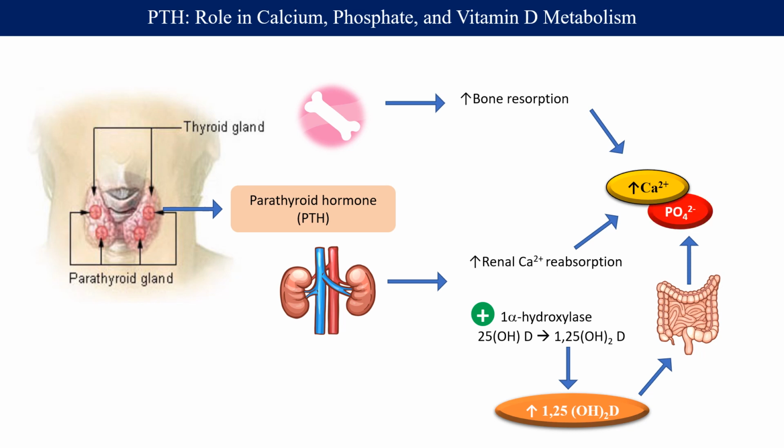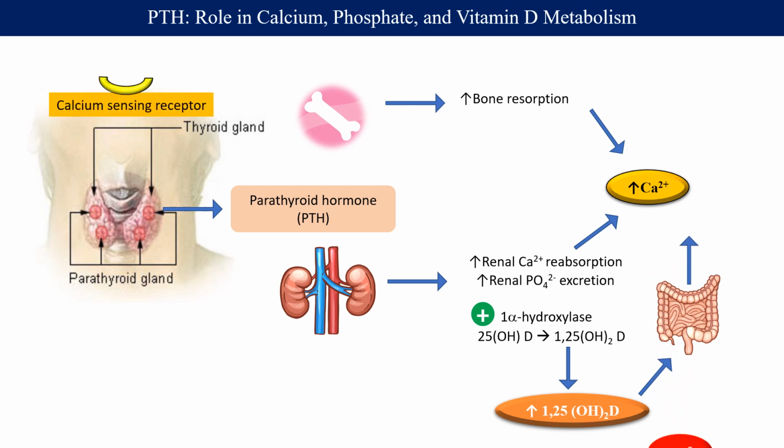1,25D also increases GI absorption of phosphate. While PTH predominantly serves to increase calcium level, it also increases phosphate excretion by the kidneys. Parathyroid glands have both calcium sensing receptors and vitamin D receptors. Calcium sensing and vitamin D receptors detect minor changes in extracellular calcium and vitamin D levels, respectively, and adjust PTH levels accordingly.